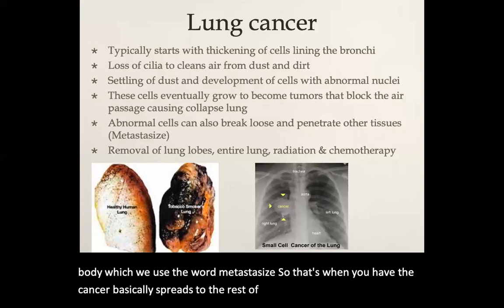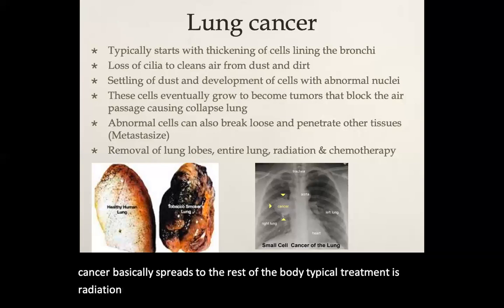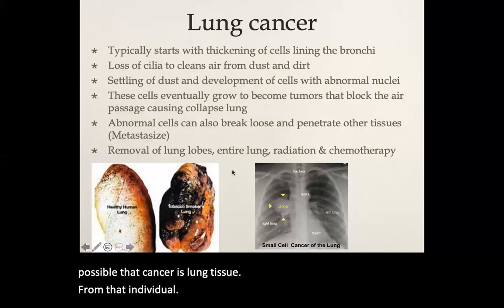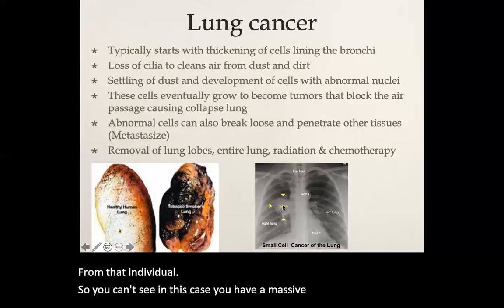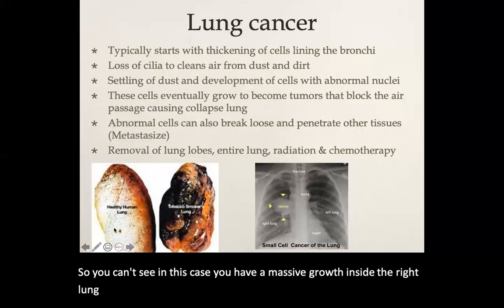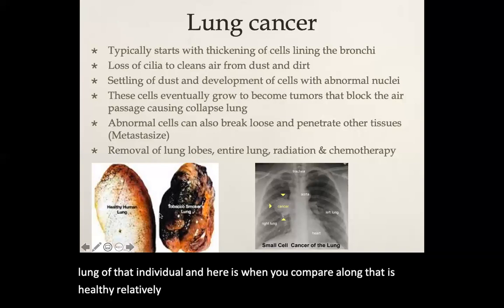Typical treatment is radiation or chemotherapy and removal of the cancerous lung tissue from that individual, if possible. So you can see in this case, you have a massive growth inside the right lung of that individual. And here is a comparison of a relatively healthy lung versus a smoker's lung.